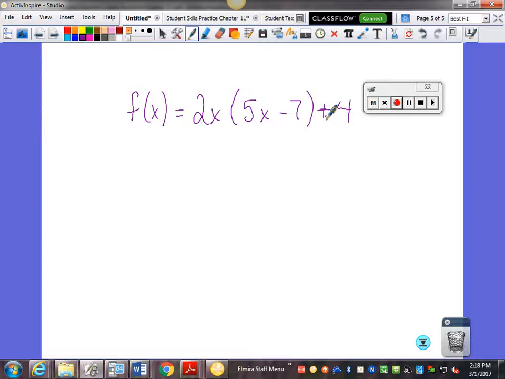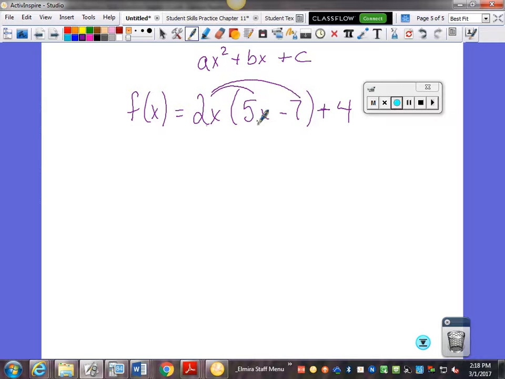Standard form is ax squared plus bx plus c. And you might be saying to yourself, Miss Andrews, quadratics are supposed to have a squared in it. I don't see a squared.